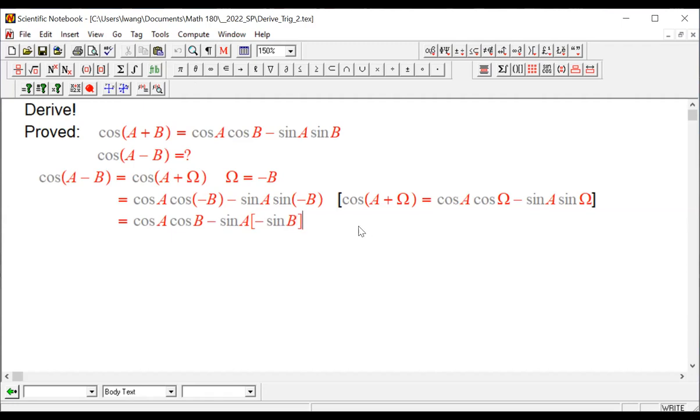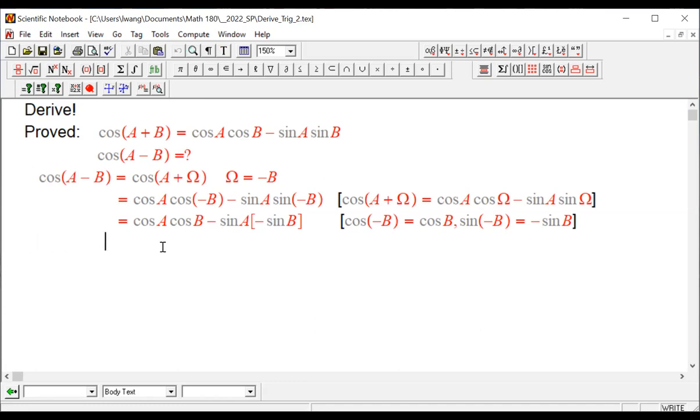Here we're going to put a note: cosine is even, so cosine of negative B equals cosine of B, and sine of negative B equals negative sine of B. Those are the even and odd function properties.